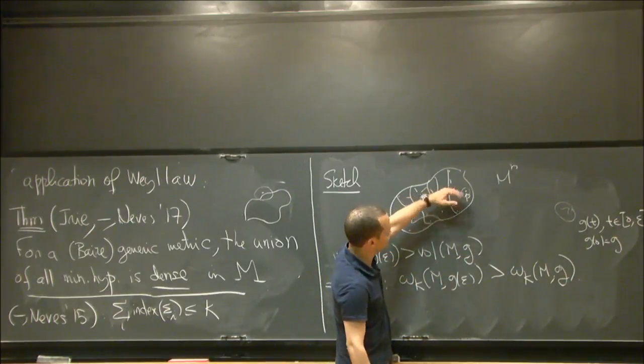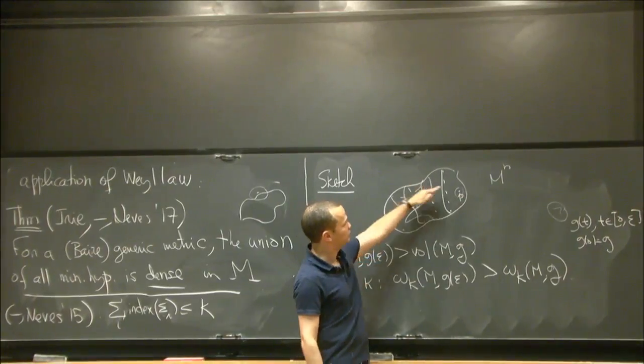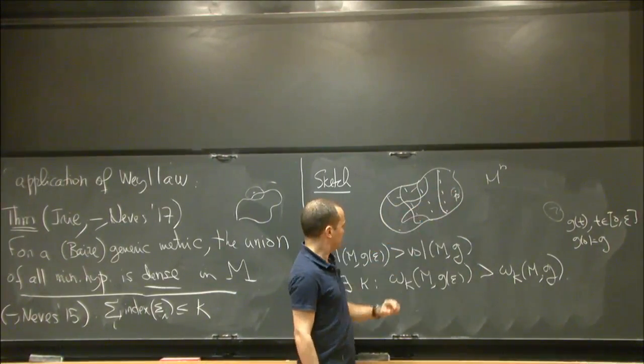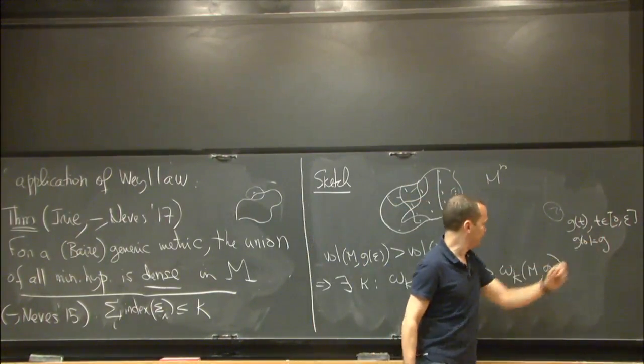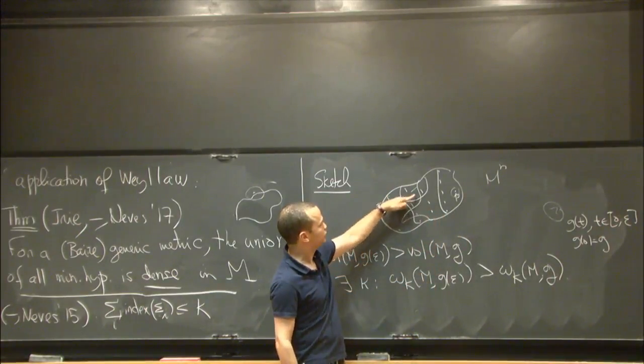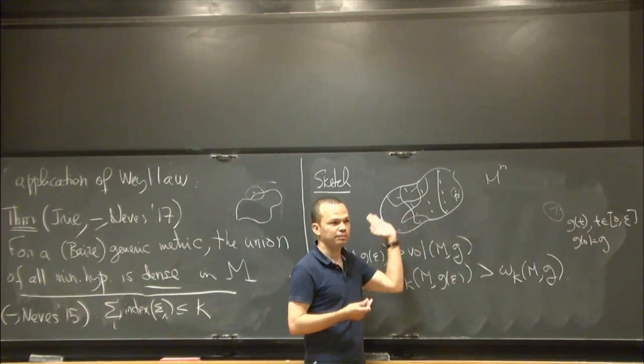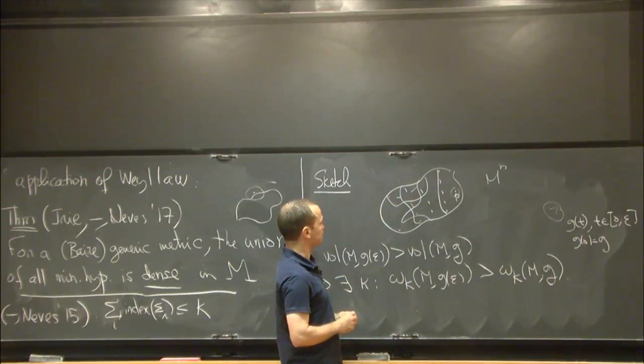The idea is that if along this deformation you do not create minimal surfaces crossing that ball, then for every t in the family, omega k of that particular metric would have to be a linear combination of these surfaces with integer coefficients. So it would have to be constant, because this is a discrete set.